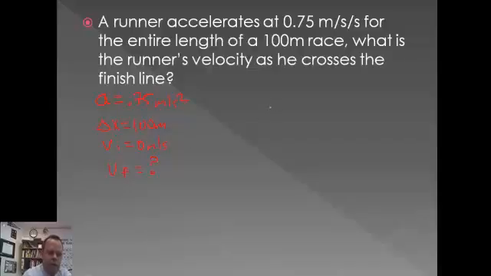Once again, the four variables we're looking at: acceleration, displacement, initial, and final velocity. So once again, the best equation: VF squared equals VI squared plus 2a delta x. So VF squared equals 0 squared plus 2 times 0.75 times 100.